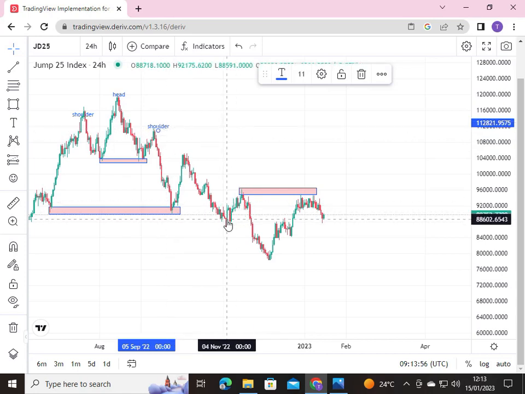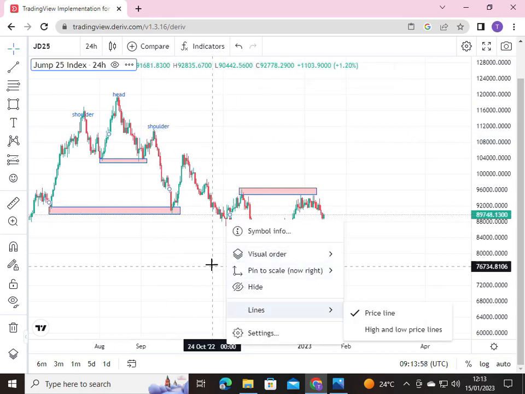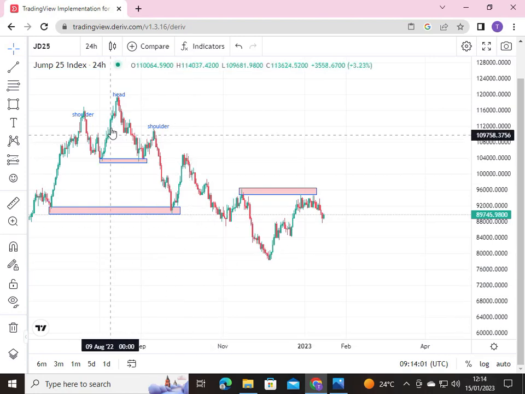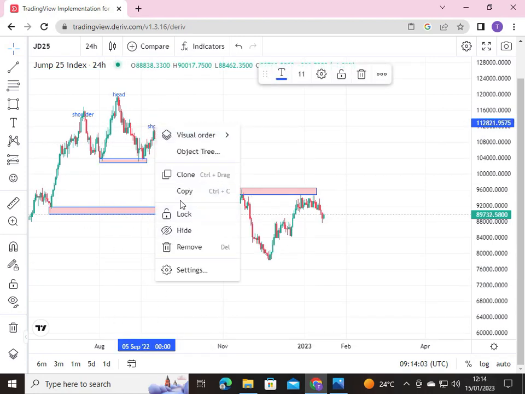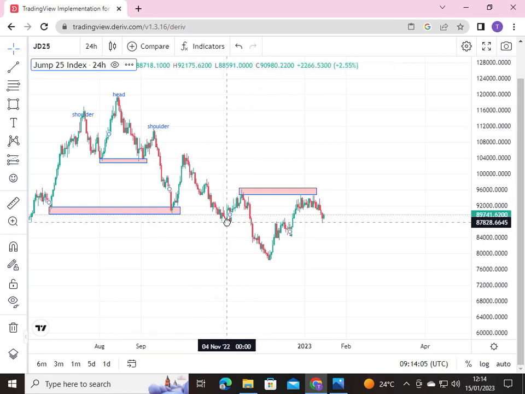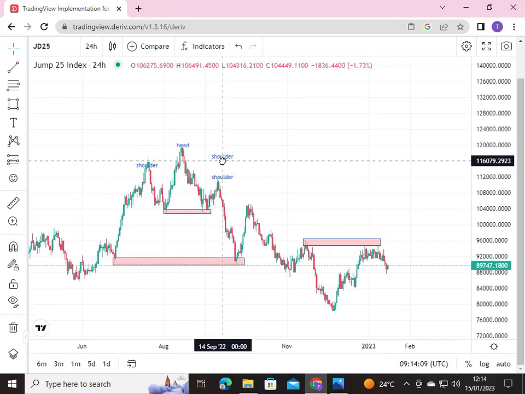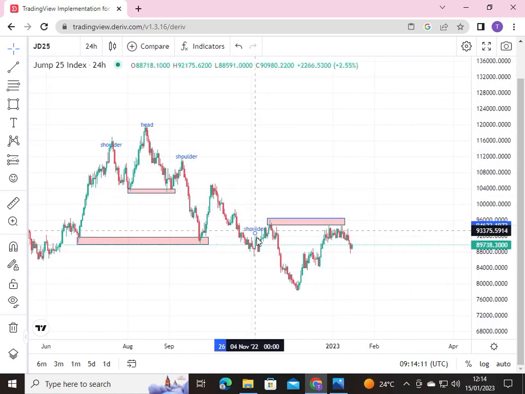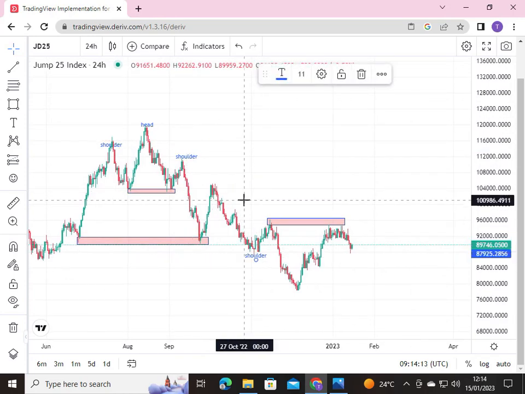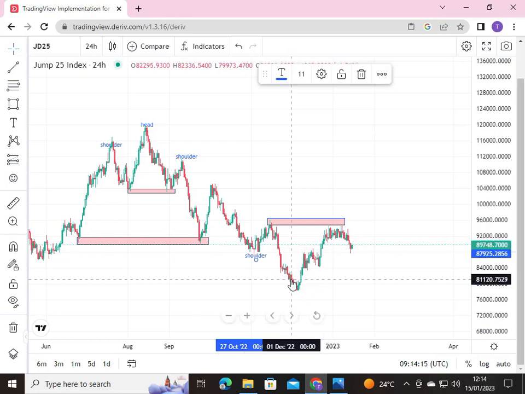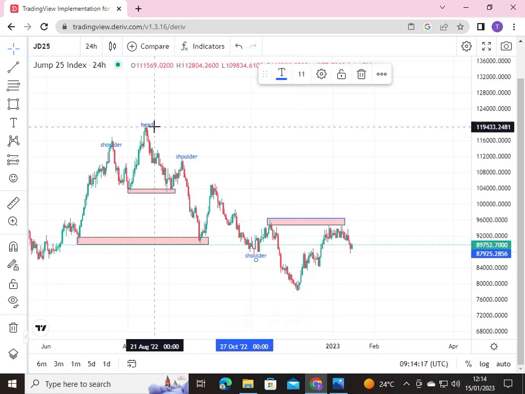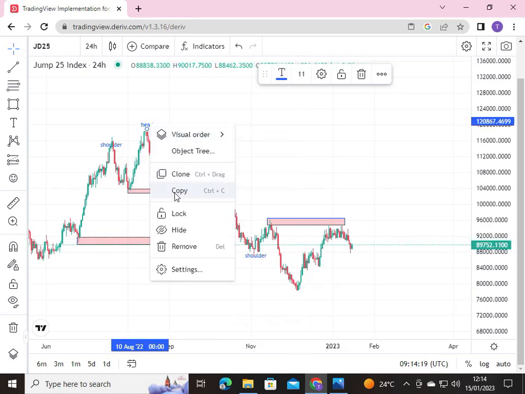I can see an inverted head and shoulders. That is inverted because you can see this is the head.